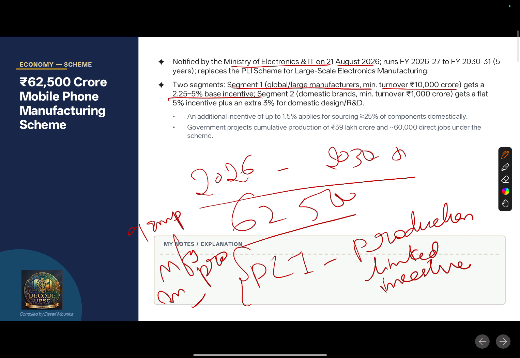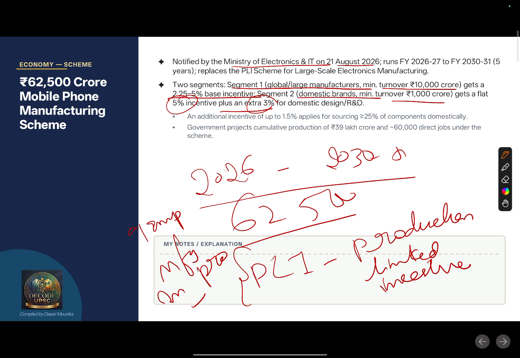Coming to the second segment, it is for domestic brands with a minimum turnover of 1,000 crores and gets a flat 5% incentive plus an extra 3 percentage for domestic design. So these are the two different segments. UPSC can frame a question: which segment has the higher turnover threshold, segment 1 or segment 2? Segment 1. So UPSC can confuse you here.